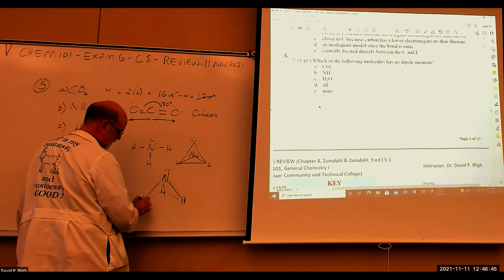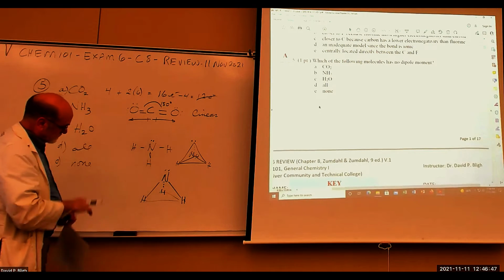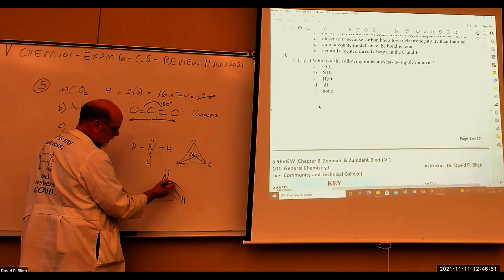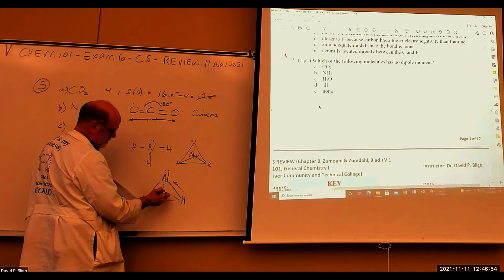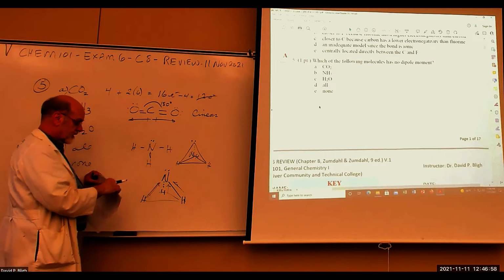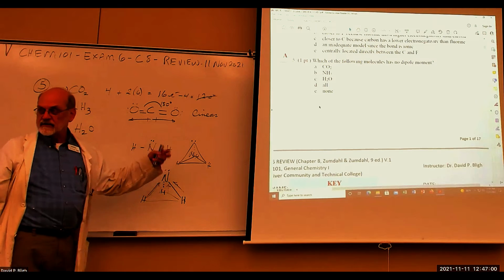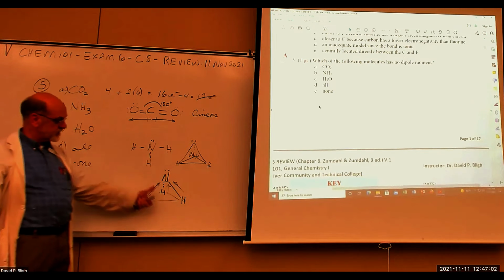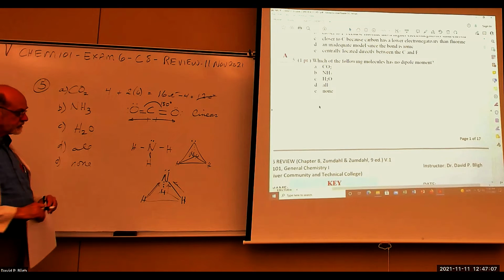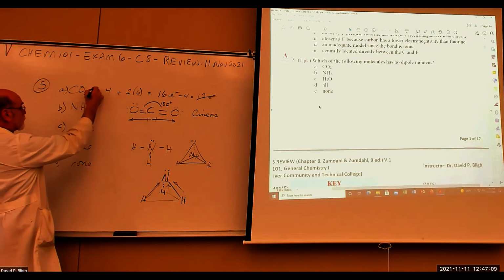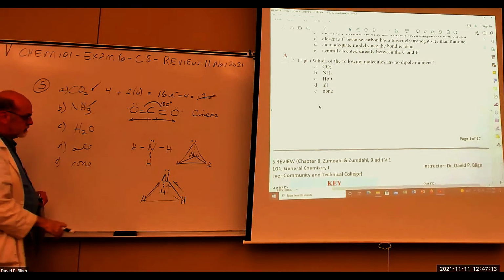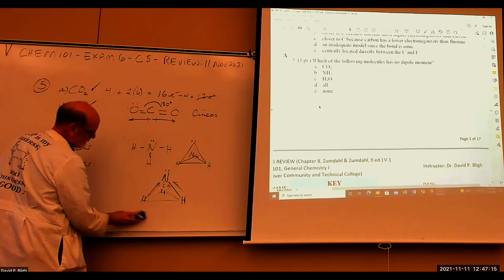Here's our trigonal base right here. So the dipole moments are this way toward nitrogen. Plus it has this lone pair, so the preponderance of negative charge is this way. That gives it a dipole moment. So this one has no dipole. This one has a dipole. How about water?